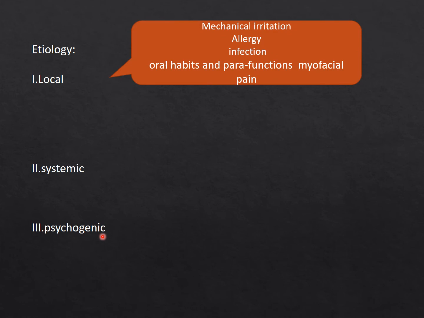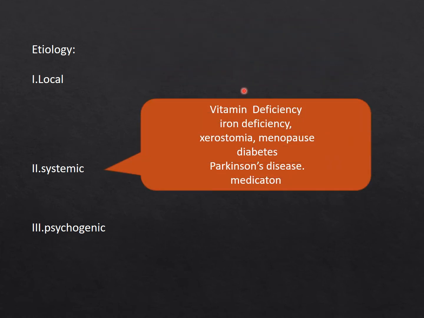In local etiology, it may be due to irritation from the denture or allergy to the polymethyl methacrylate acrylic resin or the monomer of the acrylic resin, which may result in burning mouth syndrome. It may also be due to oral habits and parafunctional habits, or a sequela of myofunctional pain. In systemic conditions, we have patients with poor nutrition or nutritional deficiencies, especially older individuals and females.